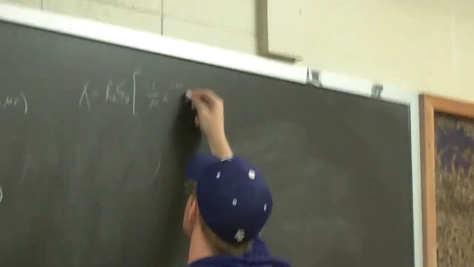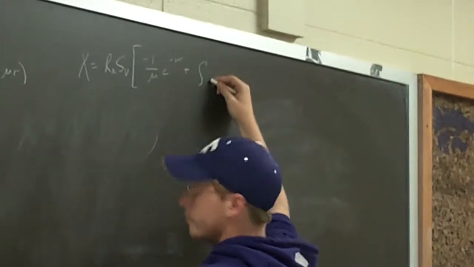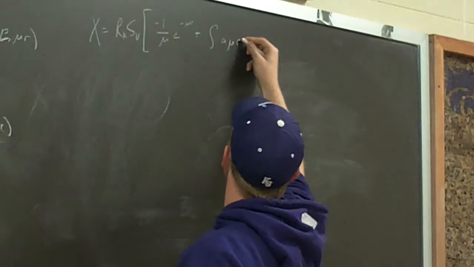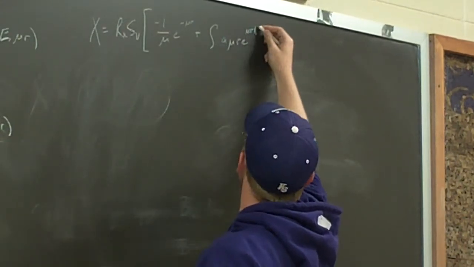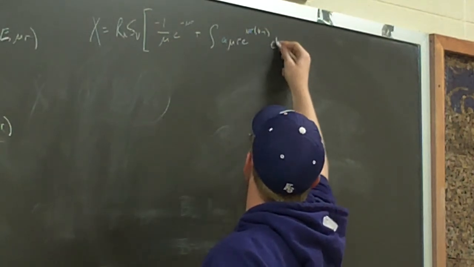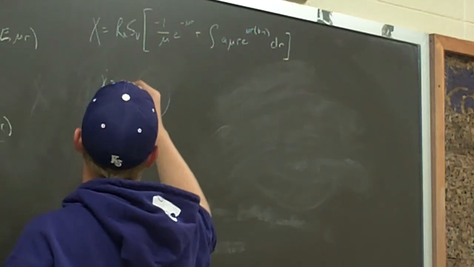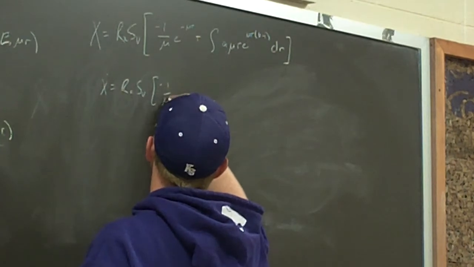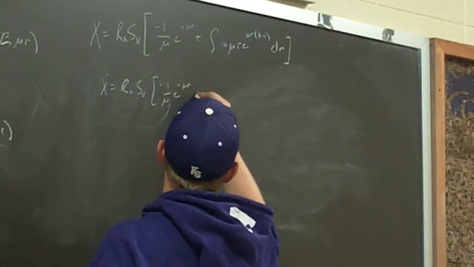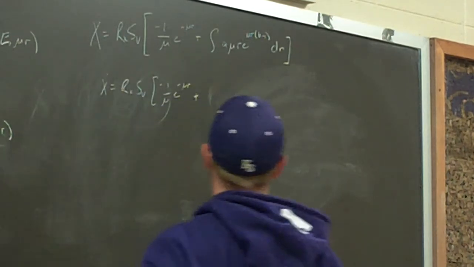Negative 1 over mu e to the negative mu r plus the integral of a mu r e to the mu r (b minus 1) dr. You gotta do the integration by parts.